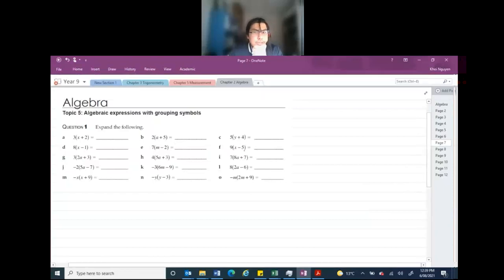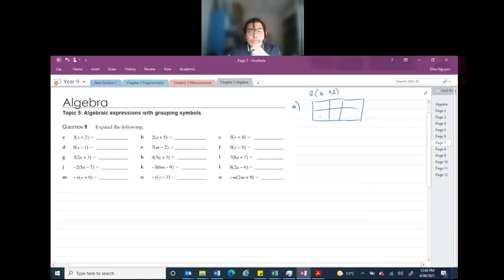Okay. So if you remember from our lessons, the way that we're going to set it up is we are going to create a table. All right, so in the table here, the number on the outside, in the first one, we've got 3 brackets x plus 2.